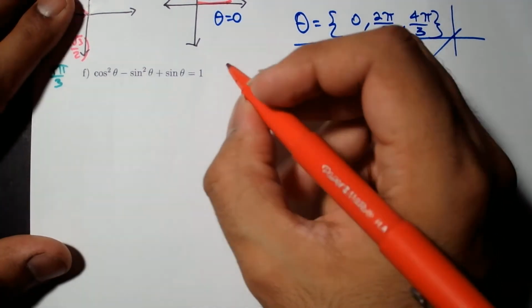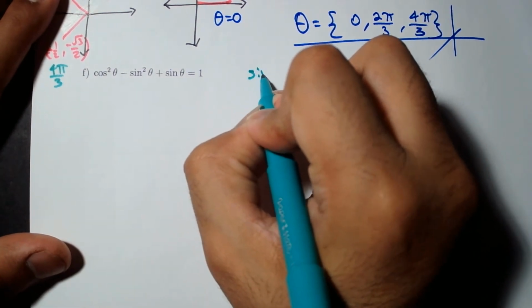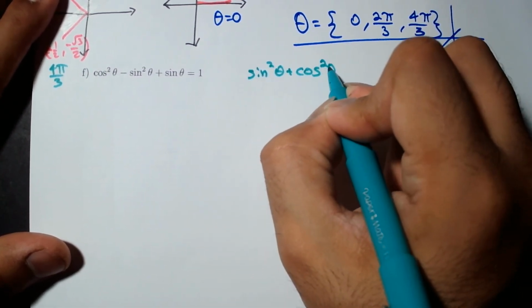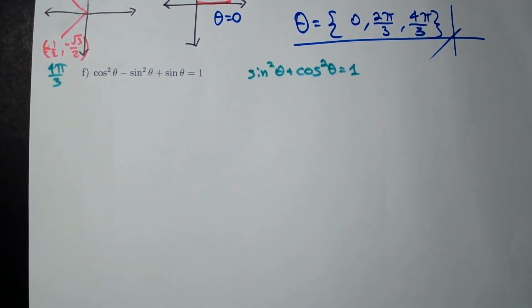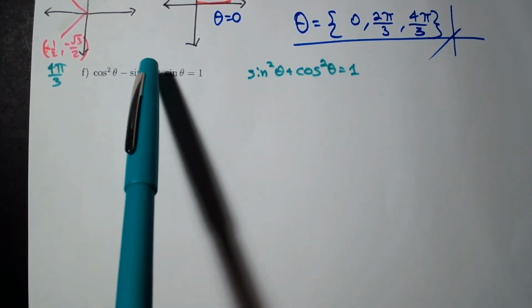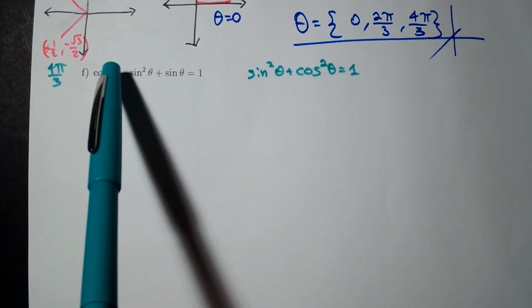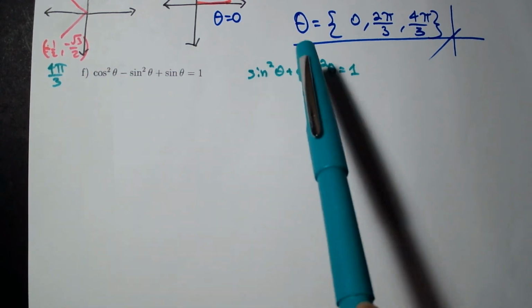In this case I'm going to use the Pythagorean identity, the one that says sine squared theta plus cosine squared theta equals 1. That's the one I'm going to use. How am I going to use it? Notice I have sine squared and sine to the first power. So the best way to go about this is to convert this cosine squared in terms of sine.